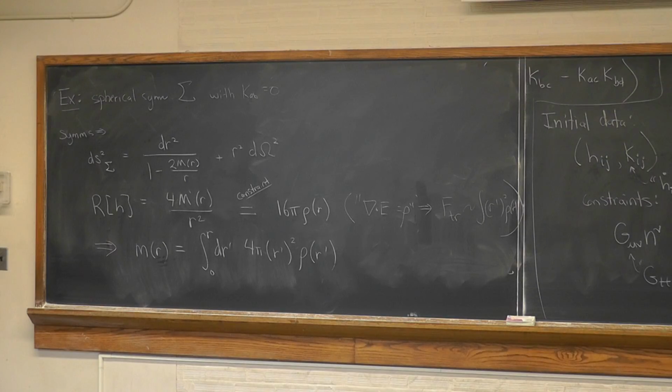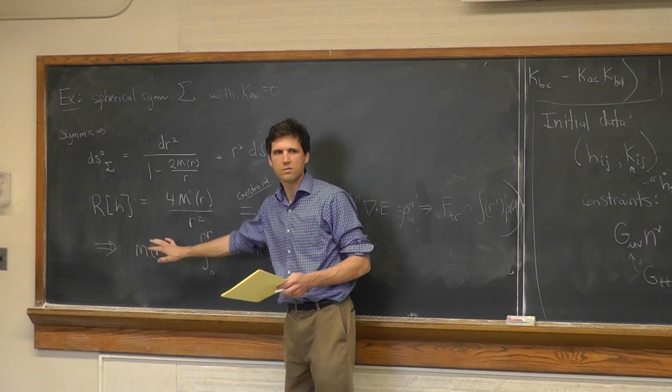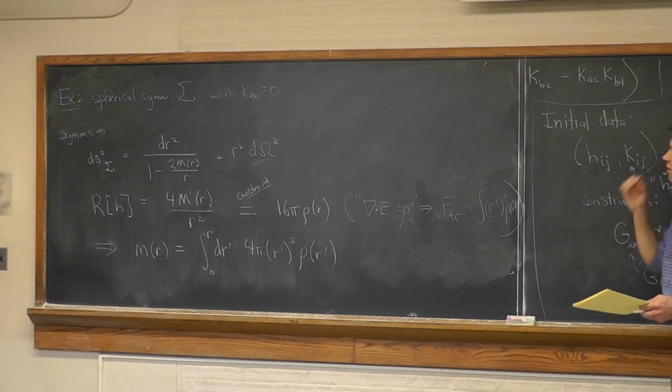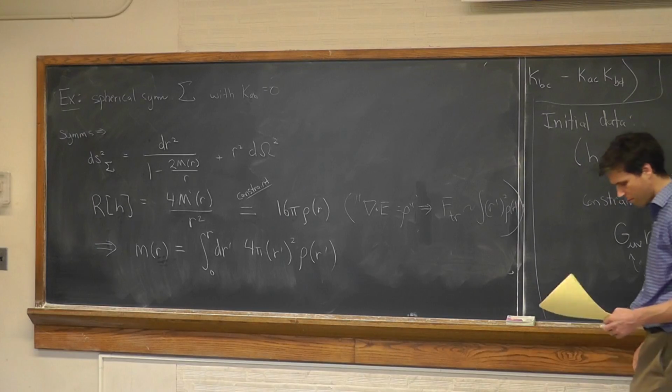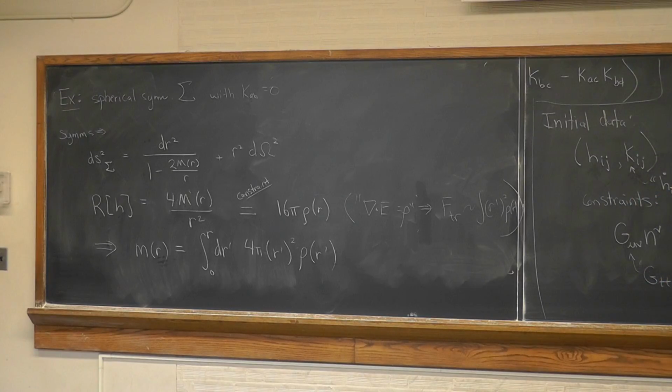In the actual Schwarzschild solution, it's tricky because there's a singularity at r equals 0, and you can't exactly do what I just described here. I was talking about a smooth hypersurface, so this is more like for a star than for a black hole. Similarly, the other constraint equations tell you about the enclosed momentum, which in this case we've just assumed is 0 because we set the extrinsic curvature to 0.